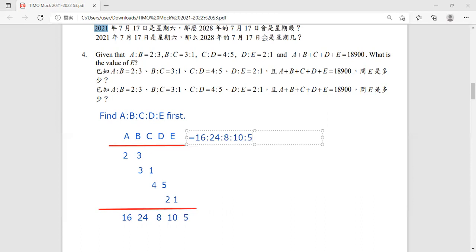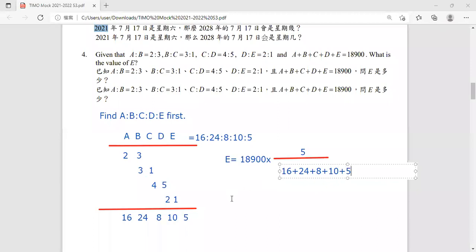Now E will be equal to that times the sum of the ratio, which is equal to 1,500.